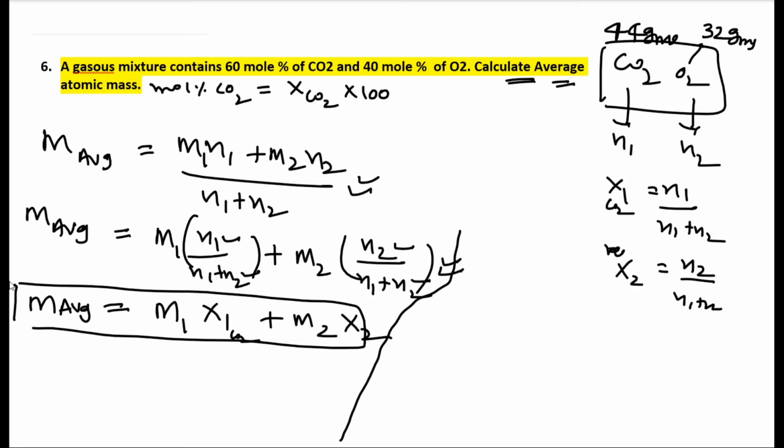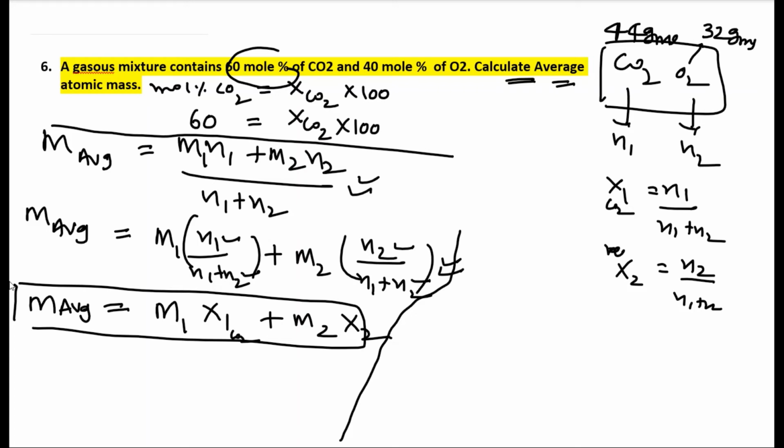From this mole percentage of CO2, given as 60 percent, 60 is equal to mole fraction of CO2 into 100. So the mole fraction of CO2 is 0.6.